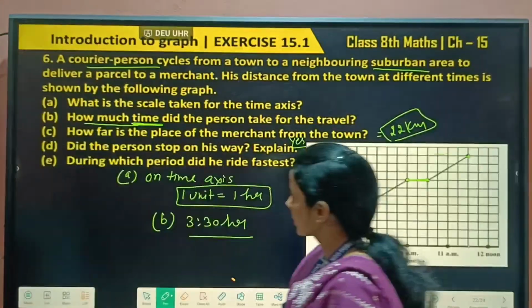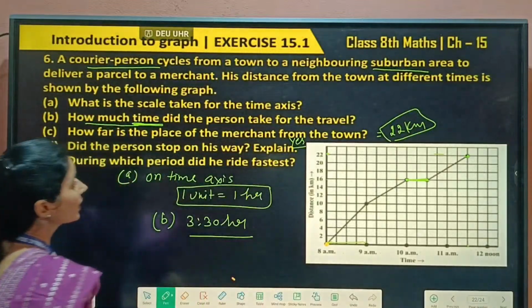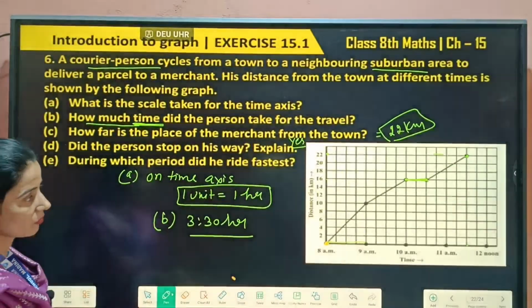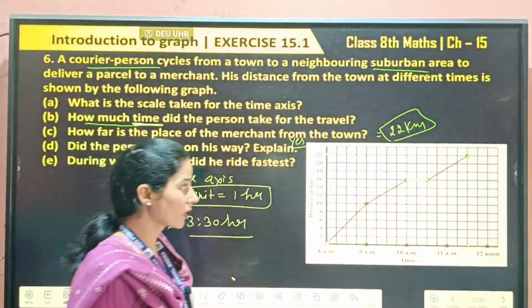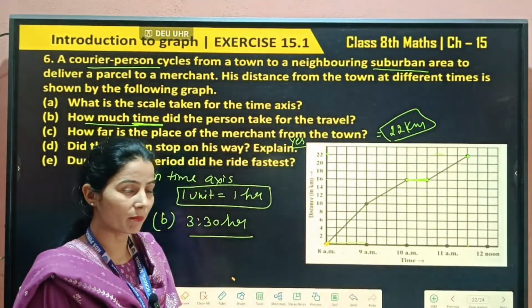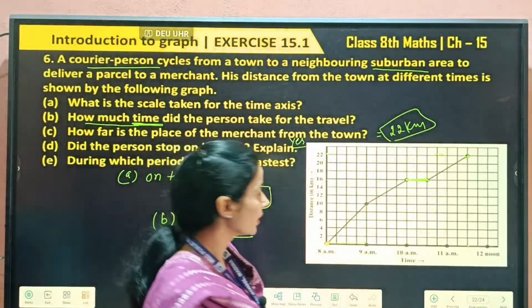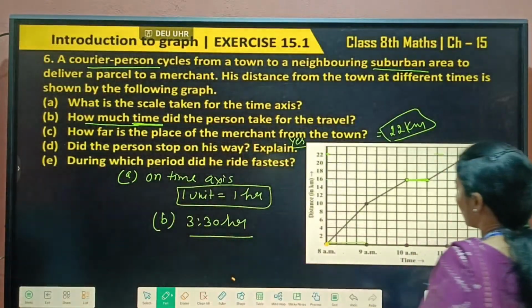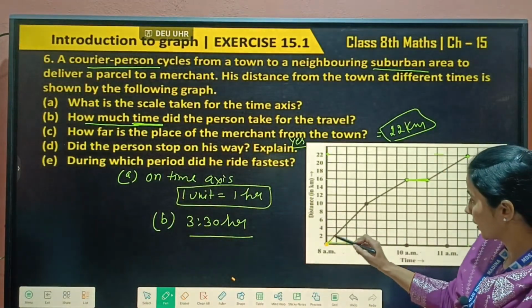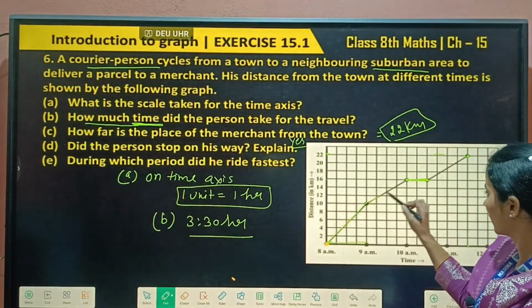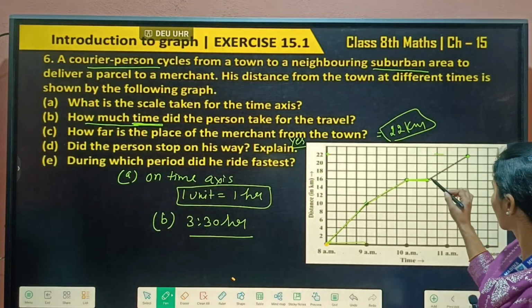Next question is, during which period did he ride fastest? Let us see where is the maximum peak, where is the rapid increase in our graph. You can see from there to there, and then this curve, and then this.